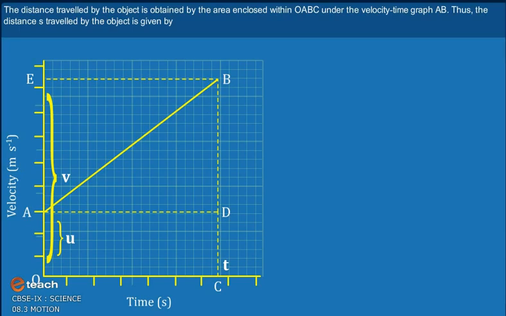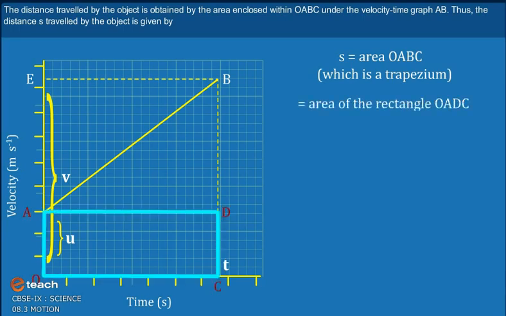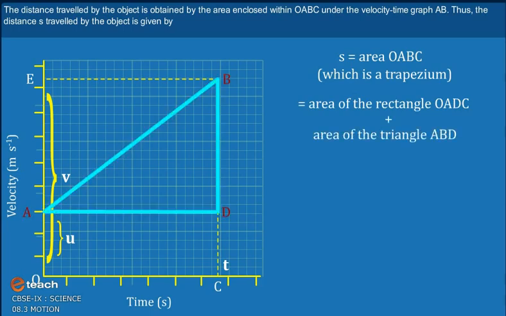s = area OABC, which is the trapezium, that is equal to area of the rectangle OADC plus area of the triangle ABD, that is equal to OA multiplied by OC plus ½ AD multiplied by BD.